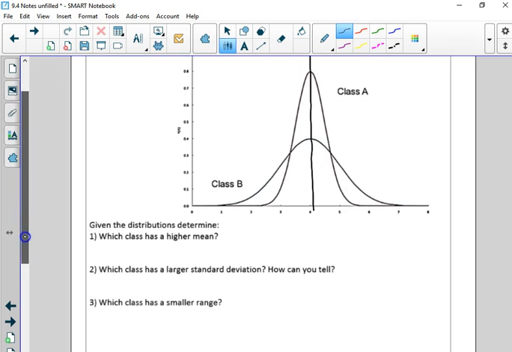Now, Class B is the lower curve, Class A is the higher curve. Which one has a higher mean? Be careful with this one. Which one has a higher mean? Huh? B? This one right here?